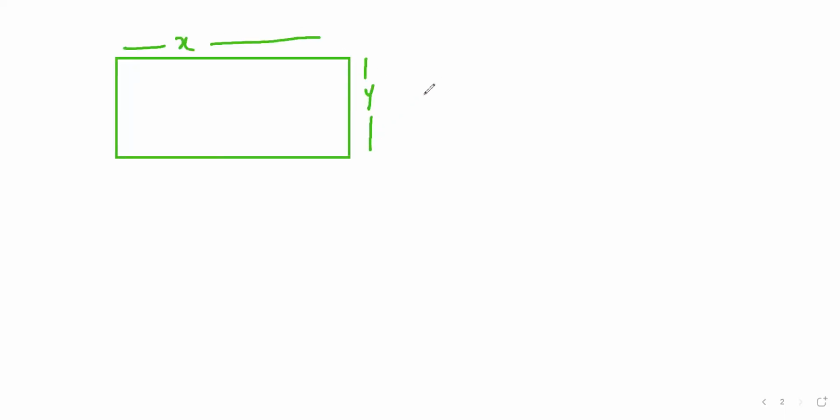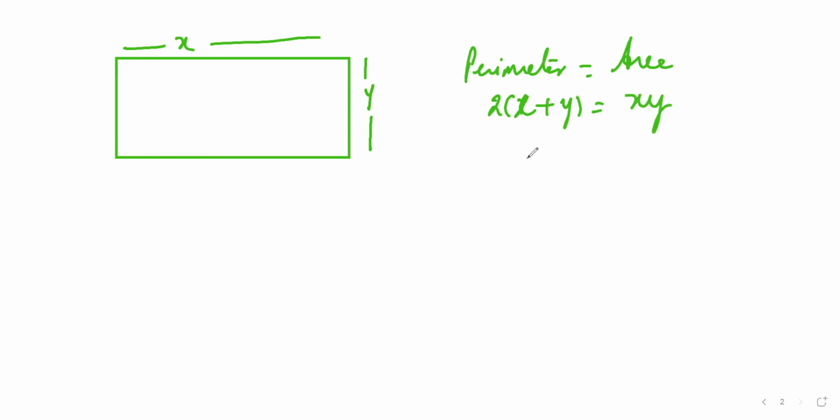First of all, perimeter is equal to area, isn't it? That is 2 times (x plus y) is equal to x into y, since area is x into y. Expanding this, 2x plus 2y is equal to xy.